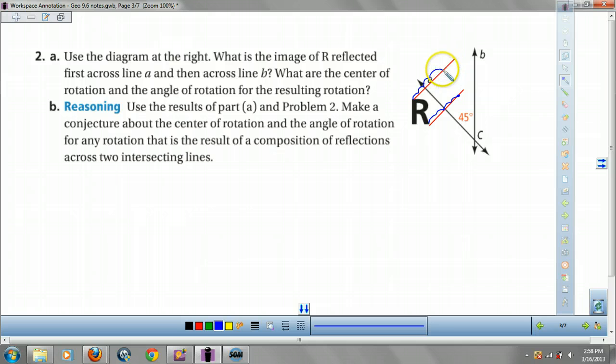I need to take that one too. Let's take another one for fun. One, two, one, two. Okay, so that's the back, top, so it's going to look something like that. That's going to be my R.